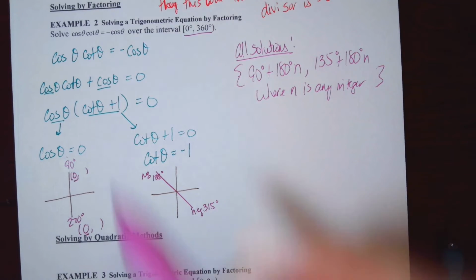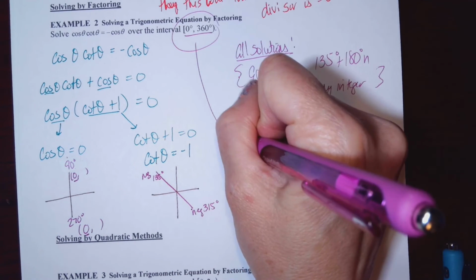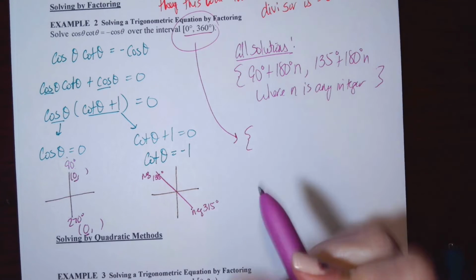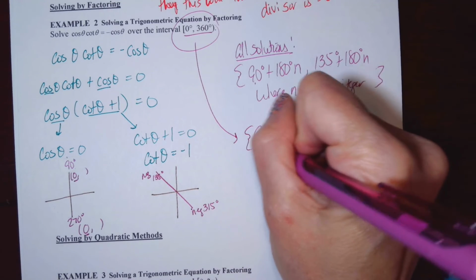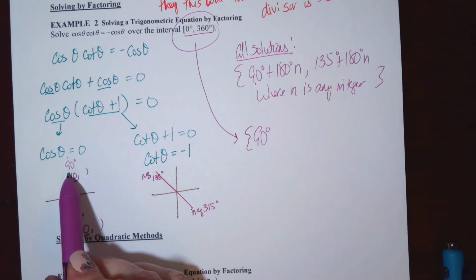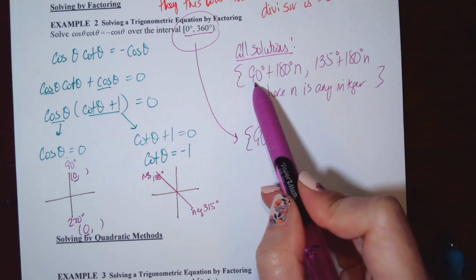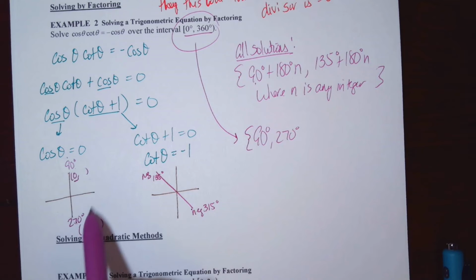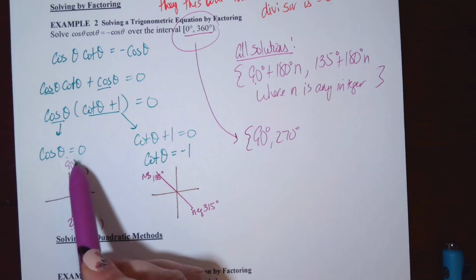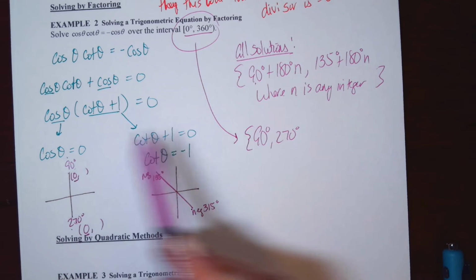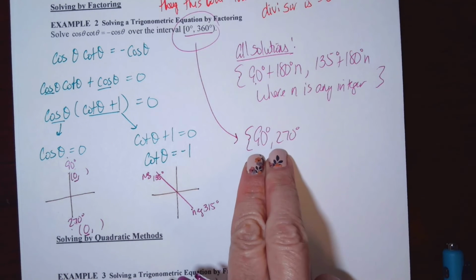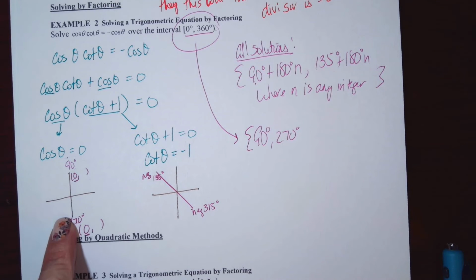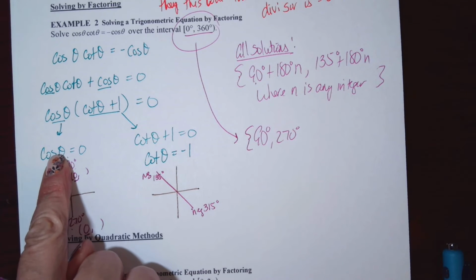Now let's go back and focus on my interval. Well, first I've got 90 degrees. And if I want to do all of these, I would add 180 and I get to 270. And if I add 180 again, 270 plus 180 is 450, and that's outside of my interval. So these two angles come from this solution, this factor.